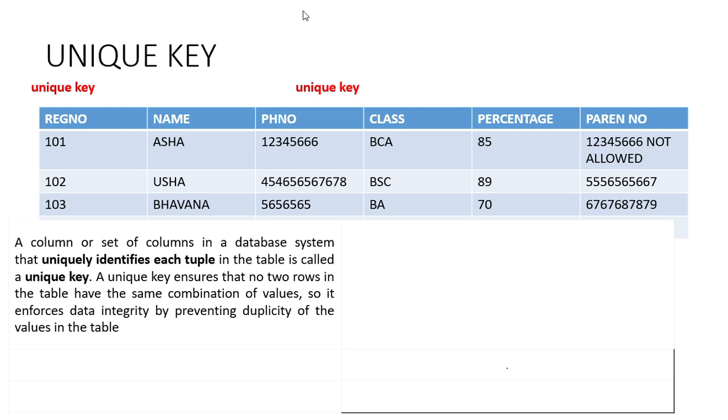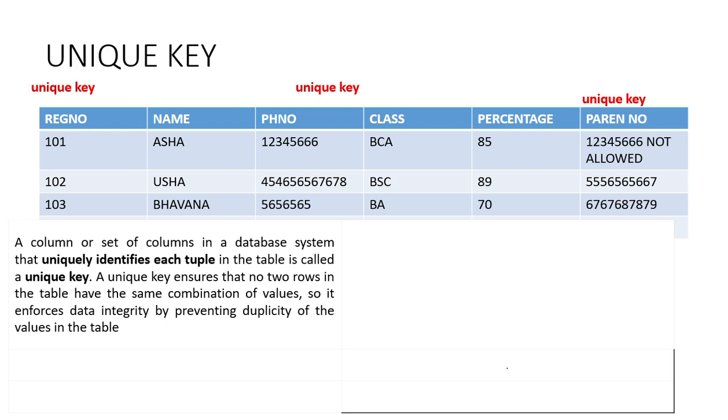For example, this also I have taken as a unique key here. See, parent phone number. So all these three columns I have declared as unique keys. It will just check whether they have different values. 101 is different, then the phone number is different, and here is the same number. So this row and this row have repeated values, so it will not allow duplication of values to be entered in any two rows of these columns.